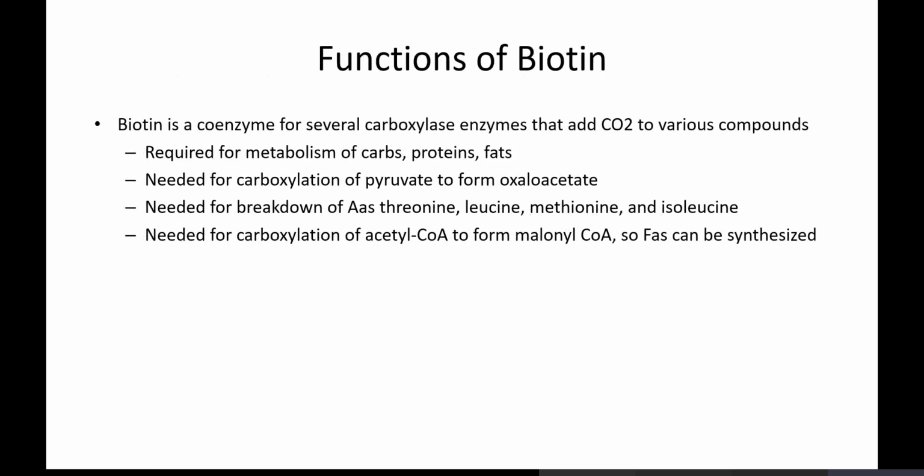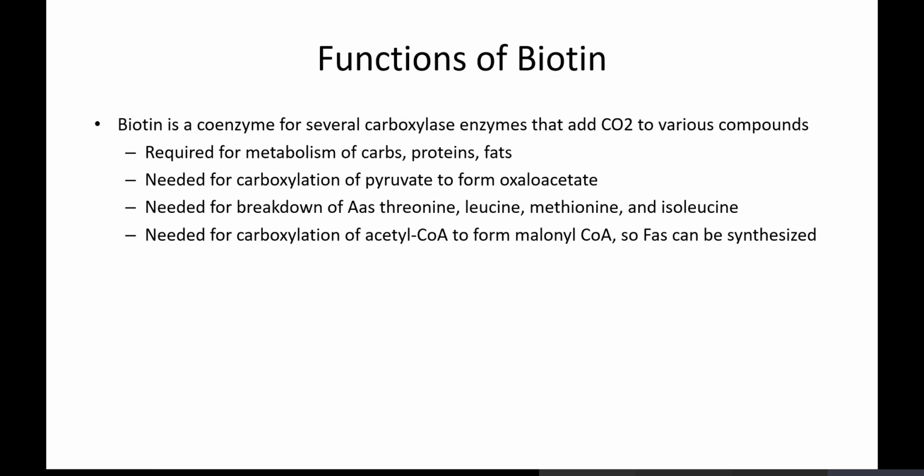So what are the functions? As I mentioned before, biotin is a coenzyme and it acts in several carboxylase enzymes that add carbon dioxide to various compounds. It is required for carbohydrate, protein and fat metabolism.